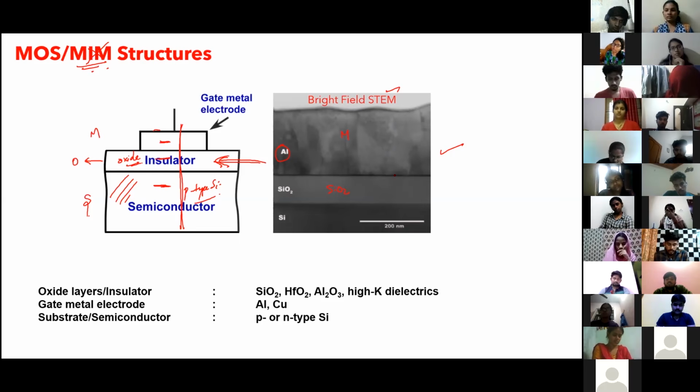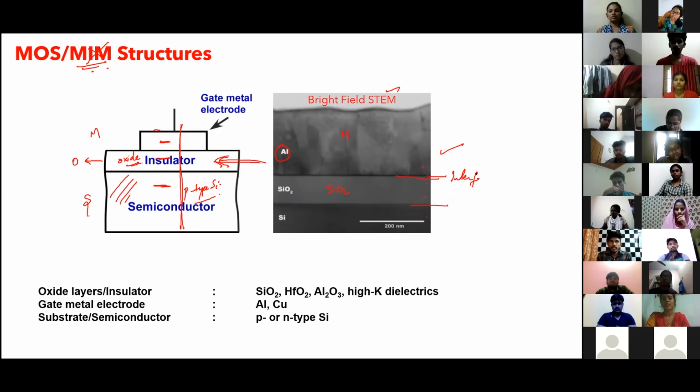Look at that, there is an interface here, and there is an interface. There are two interfaces, one between the semiconductor and oxide, and another between the oxide and metal. This is called an interface, in the sense that it is a junction between two different materials or two different states. So this is one interface, and this is another interface.